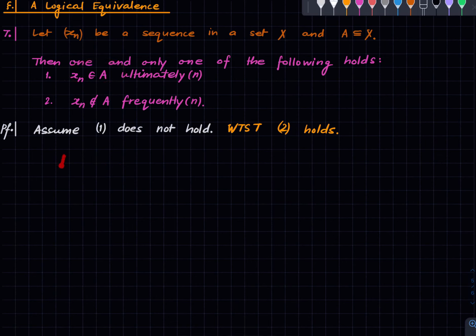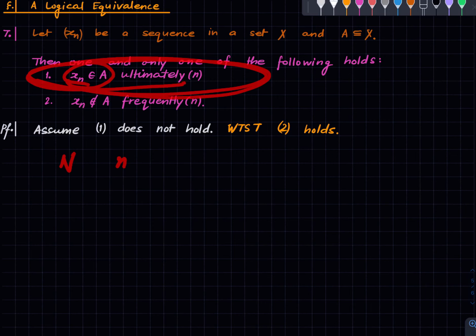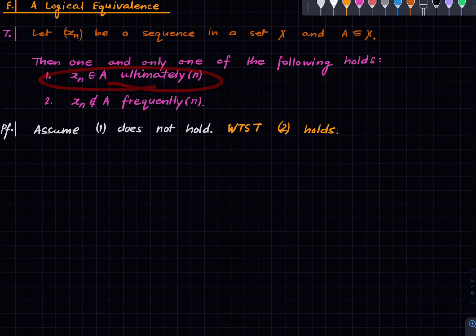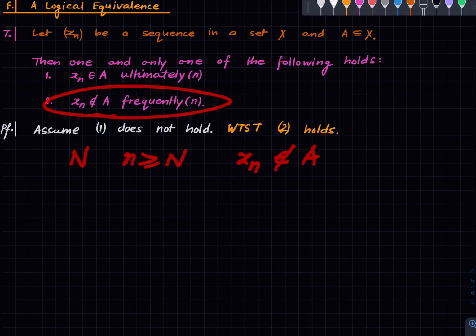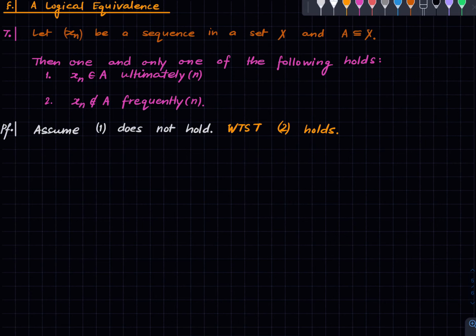Because if there were a natural number n for which no little n exceeding it violates this, then this would become true. But we are assuming this is false. So for each natural number n, you can find some little n greater than or equal to it, such that xn does not lie in A. And that's exactly the definition of frequently not lying in A. So I said I will give details, but I'm not writing them. I feel a bit lazy. So you can write the details for yourself.